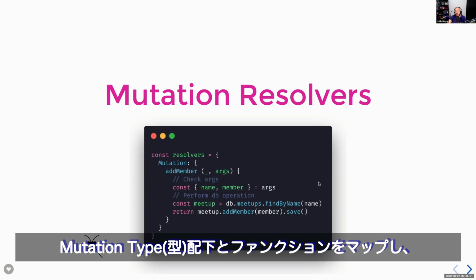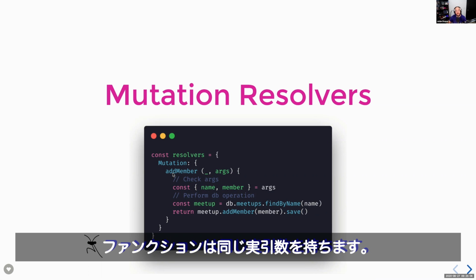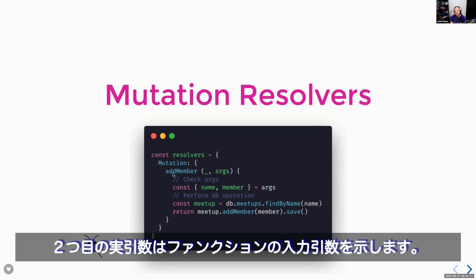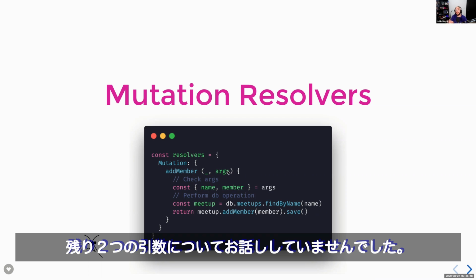You need to map under the mutation type. Then you have the function, and the function has the same arguments. The first argument represents itself. The second argument represents the input arguments of that function. And I forgot to mention the other two.